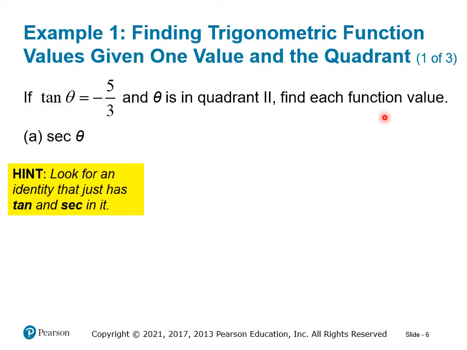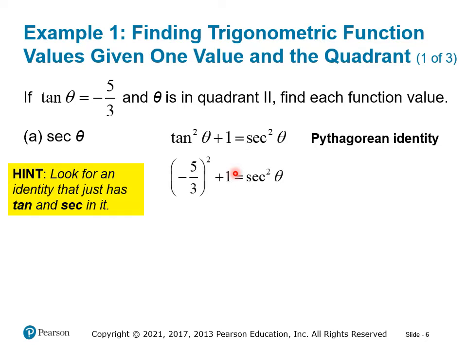So we're going to look for an identity that just has tangent, what we're given, and secant, what we're looking for. Well, one of the Pythagorean identities has this. We can then use this, plug in the values, and then solve for secant. So tangent equals -5/3, so we're going to square that, add 1 to it, and we get secant squared.